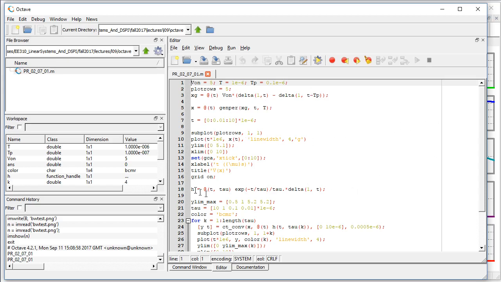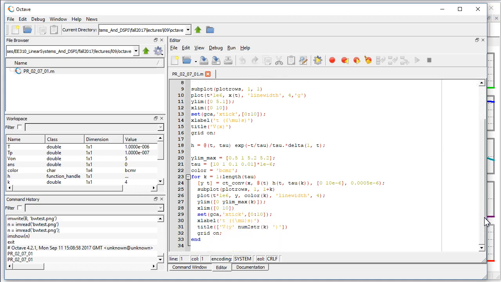And then I define the impulse response of the system, and step through 4 different time constant values going from 10 microseconds down to 0.01 microseconds, just as was done in the LTspice simulation. And I use CT-conv to convolve the input with the impulse response for each of the 4 different time constant values.